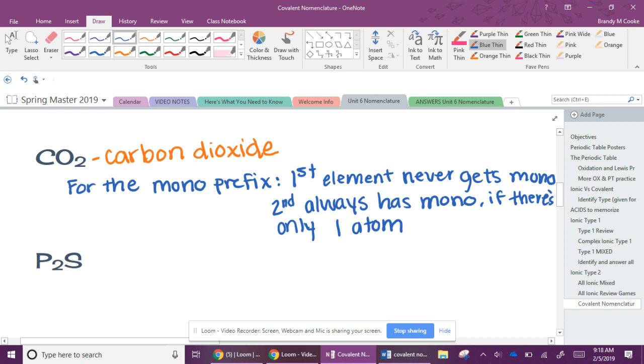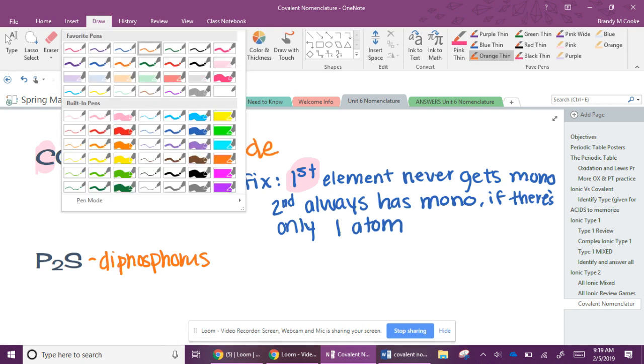So here, carbon was the first element. And since he was the first and there was only one of him, he does not get that mono. But now here in the second example, we would call this one diphosphorus, and then I do see that there's only one sulfur, and the second element has to have that prefix.